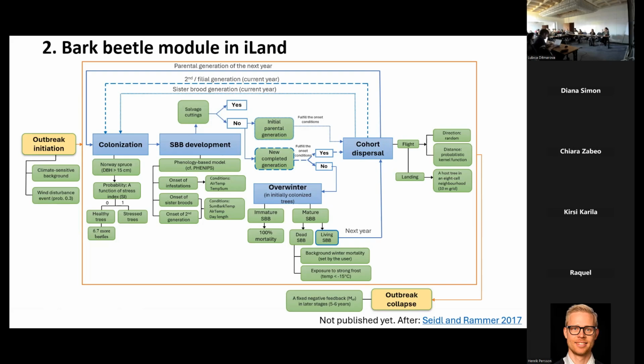But the initial information comes from the single tree, and then iLand calculates the scale. Or you can also have this information at the stand level. That's what you specify in the output: I want this, and it will give you that. So that depends on what kind of data you input. If you have small resolution data on the tree level, you cannot always upscale it to the landscape level.